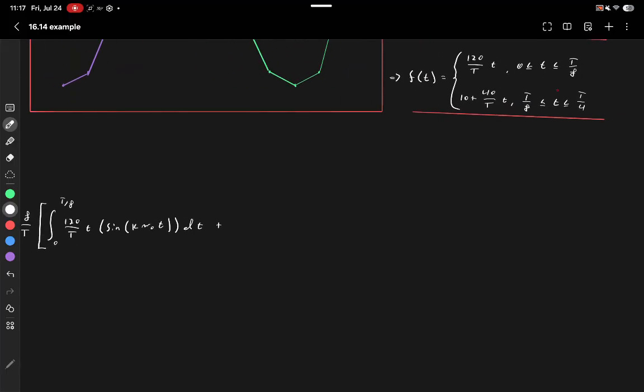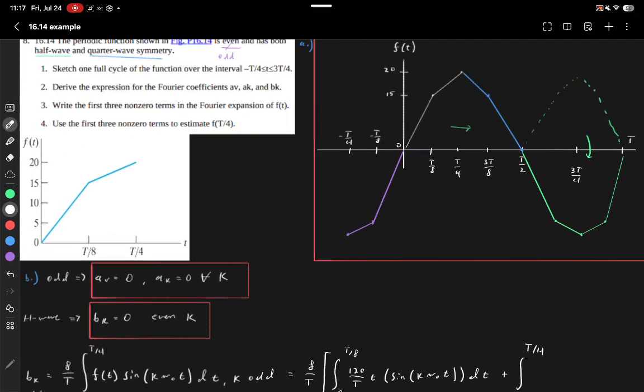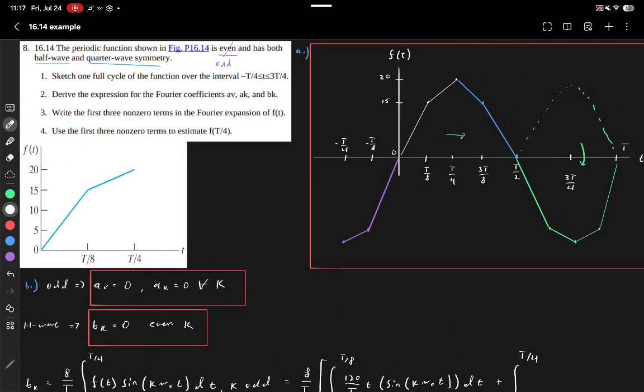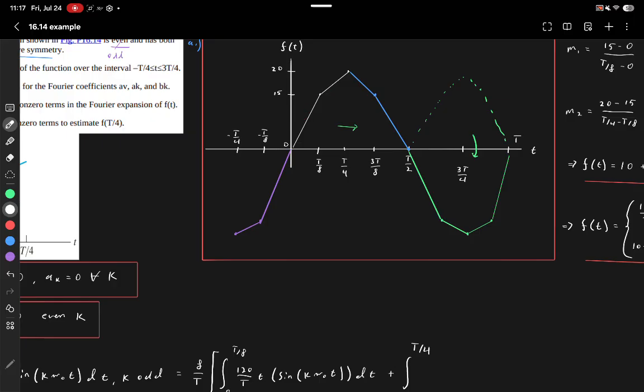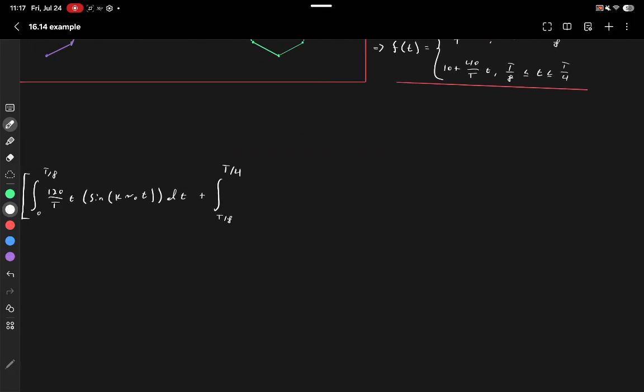Now we're just going to handle the second function. We'll be going from T over 8 all the way up to T over 4, because this is what we have for this given part of the function.